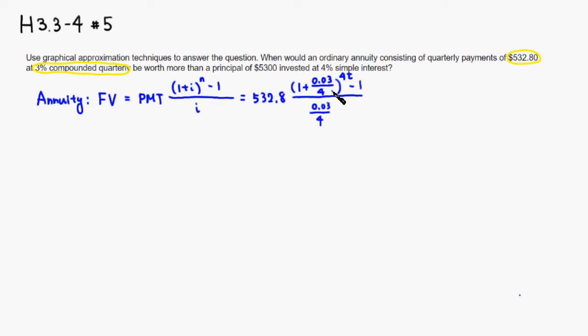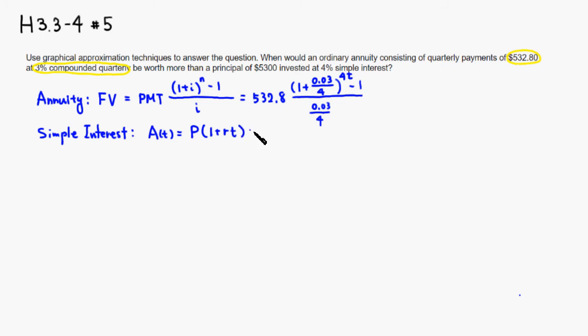If you look at the simple interest, then the amount after t years would be, remember the formula, P, the principal, times 1 plus rt.